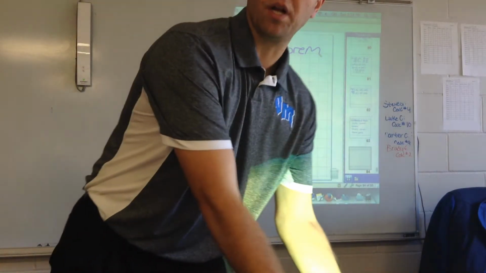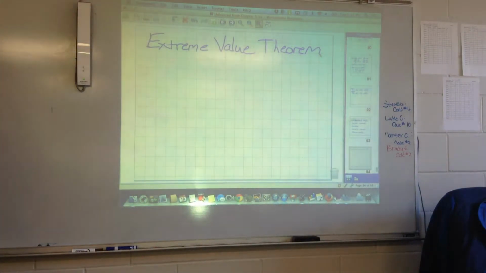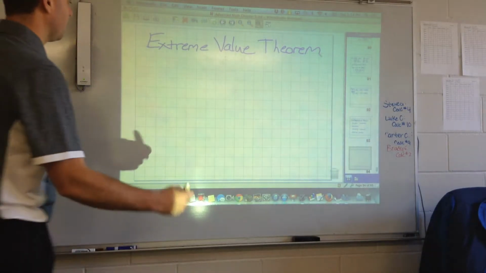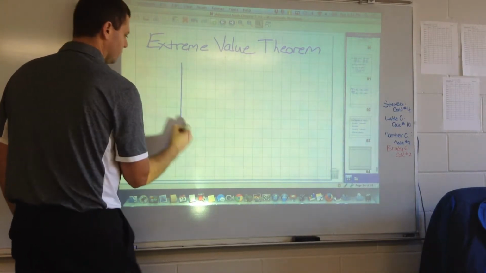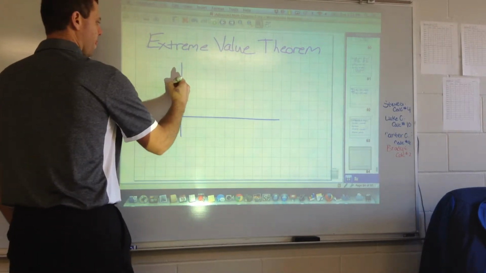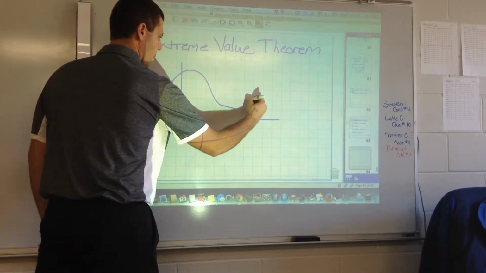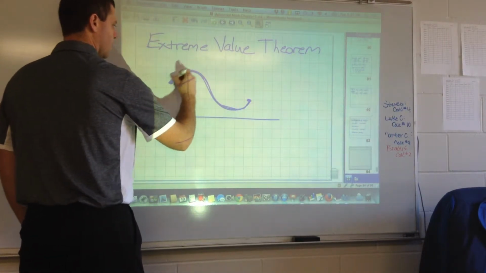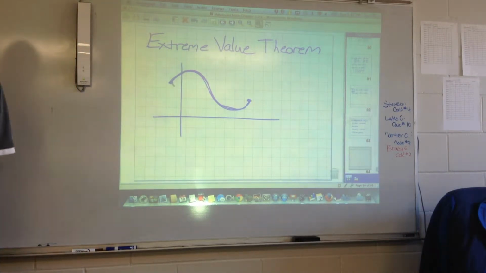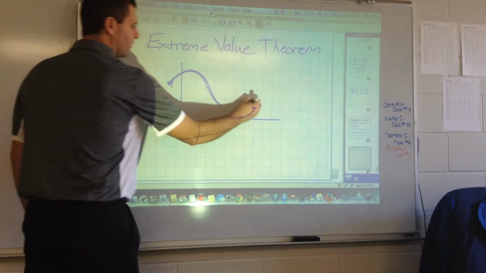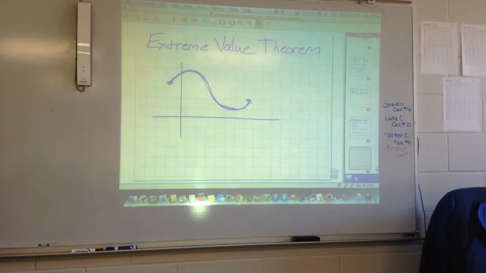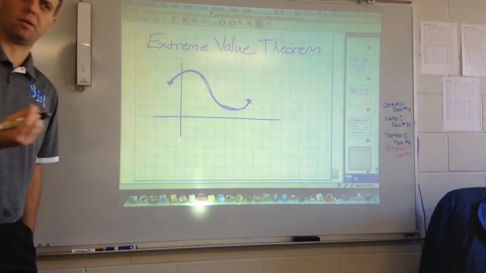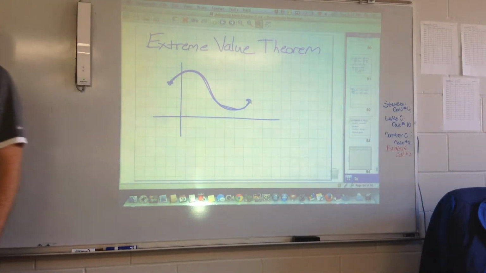Extreme value theorem is one of the concepts that you'll be using. Basically, the extreme value theorem says if I have a closed interval, a function on some sort of closed interval, you are guaranteed to have an absolute maximum and an absolute minimum on that closed interval, as long as it's continuous.